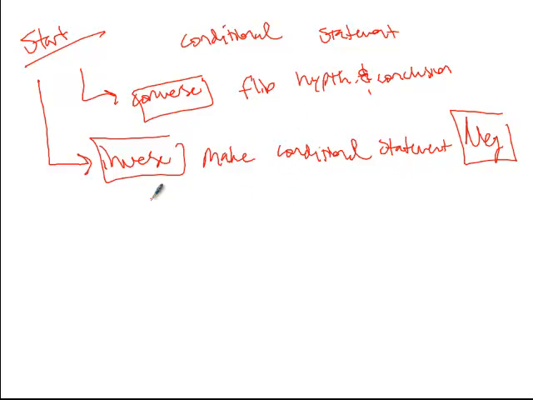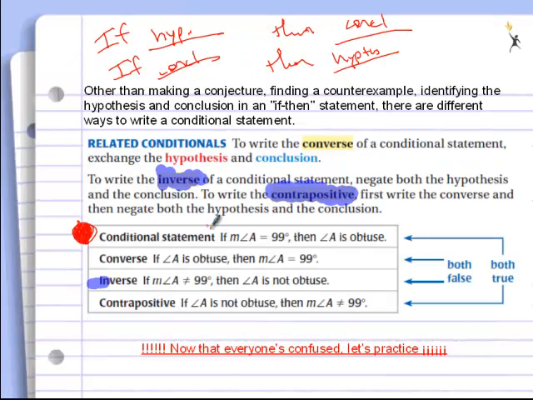For example, our conditional statement read, if angle A is 99 degrees, then angle A is obtuse. We take both parts, the hypothesis and the conclusion, and we make them negative in the inverse. If angle A is not 99 degrees, then angle A is not obtuse. Worded the exact same, but it's negated. It's the opposite of what it reads.